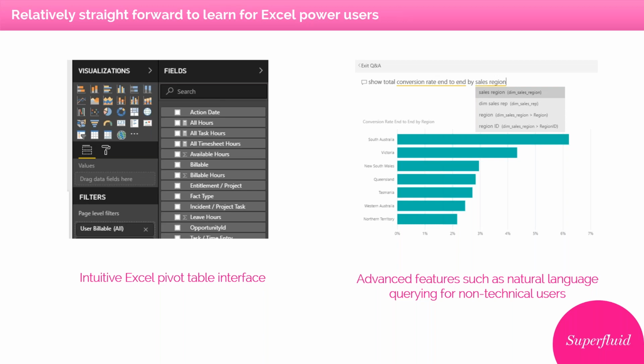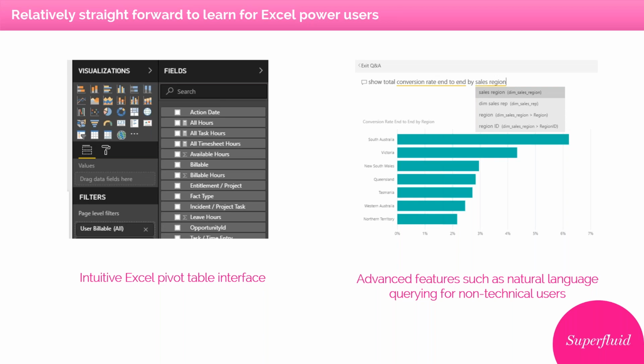So Microsoft have been quite clever about the way they've approached the product, and they've taken the humble beginnings of Power BI, where it was initially just Power Pivot, and they've kept all of the aspects of that people are familiar with, all of those pivot table type fields, and they've integrated that into this reporting platform, which then puts people straight away into a very familiar environment, and it removes a lot of the fear, uncertainty and doubt for novice users just starting and picking it up for the first time.